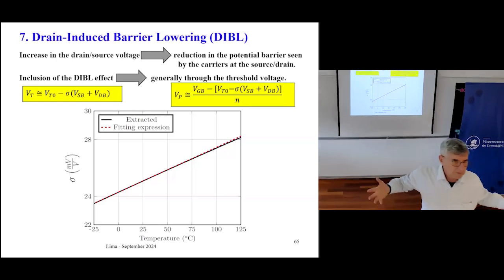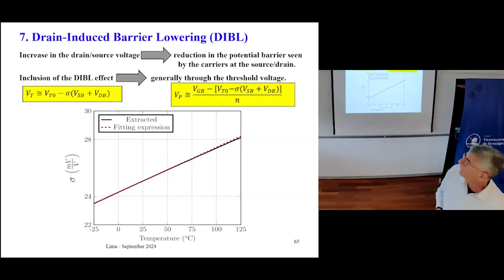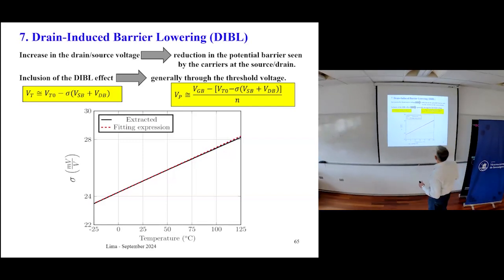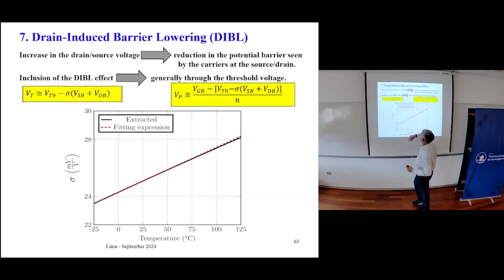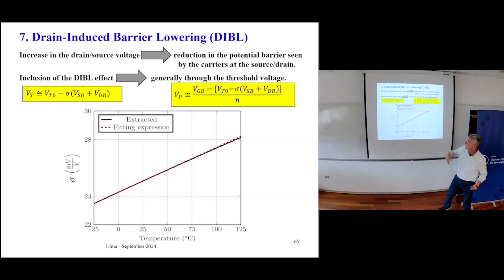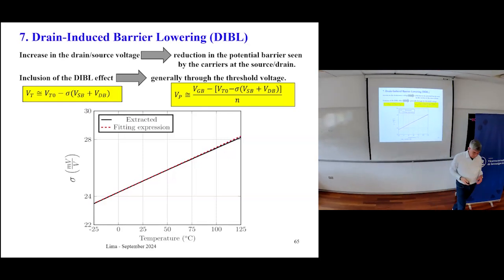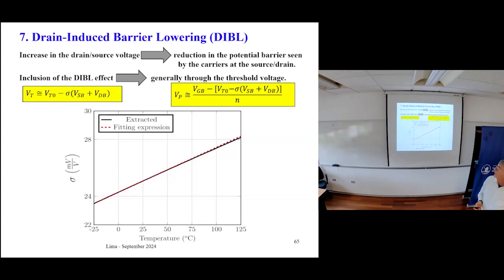So let's say the VT0 is 500 millivolts. This VT affected by VDB, for example, would be 500 millivolts minus 25 millivolts, in the example that I spoke about before. Okay?